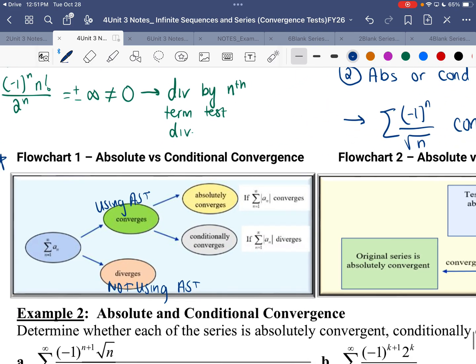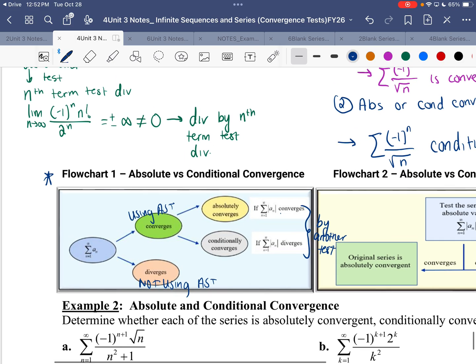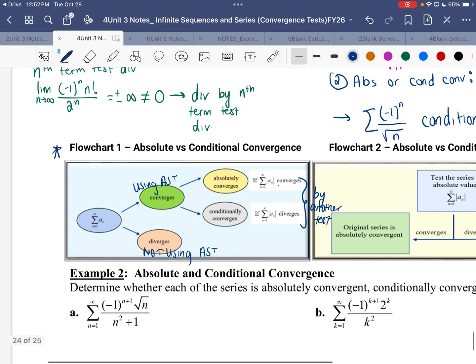Then if the alternating series test shows it converges, you prove it's absolutely convergent if the absolute value converges by another test, not the alternating series test, so p series test, geometric series test, whatever. If the absolute value diverges, then it's conditionally convergent. So try to do A, 2A.